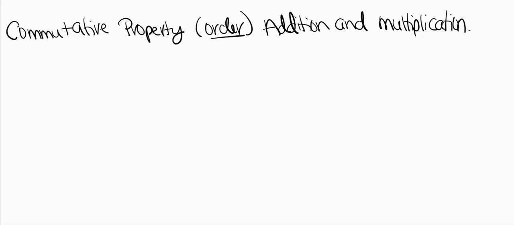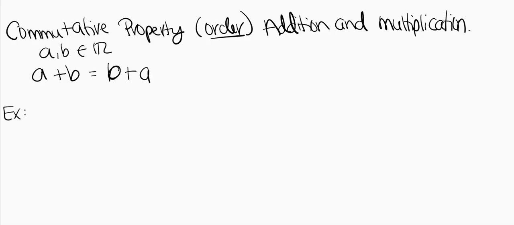So when it comes to addition, the commutative property states that if we have a and b that are real numbers, a plus b should be the same thing as b plus a. So for example, 2 plus 3 is equal to 5, so 3 plus 2 should also equal 5.